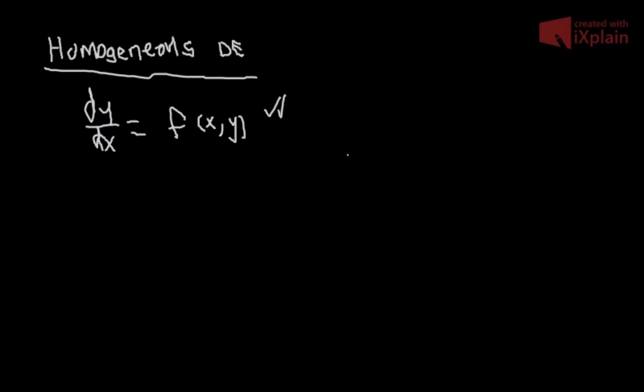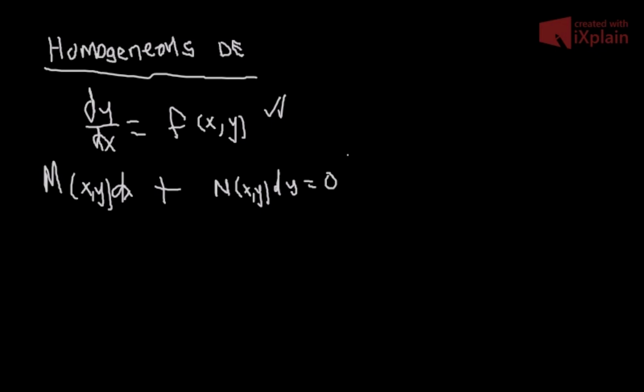Then the standard form of homogeneous is this. You can find it anywhere, but first you need to make sure that you bring the equation into this form. Whatever equation is given, once you manage to bring it into this form, you need to make sure of the following.